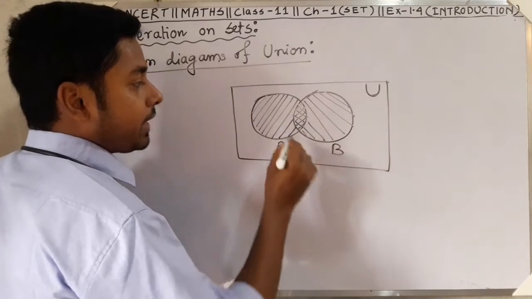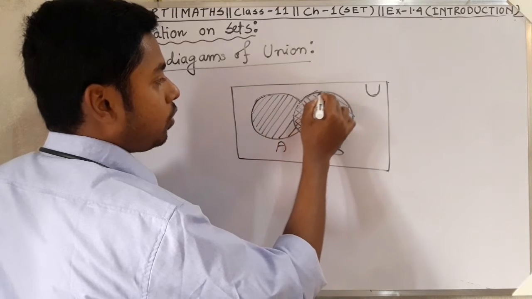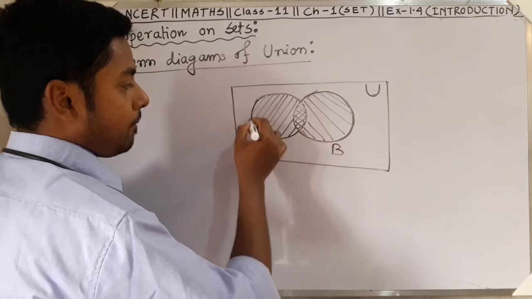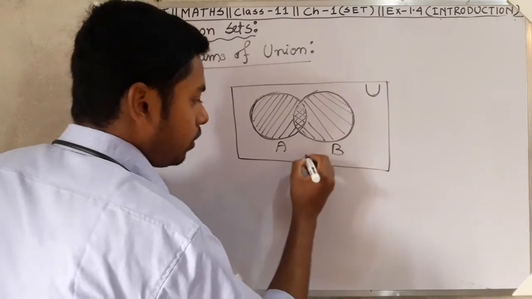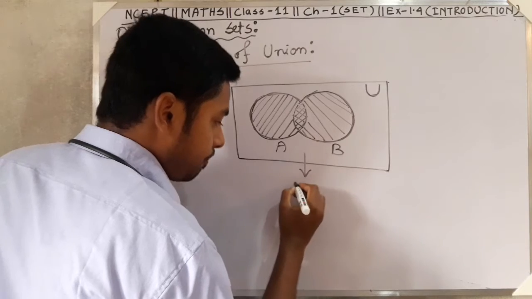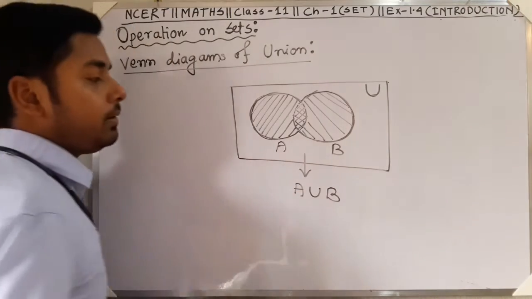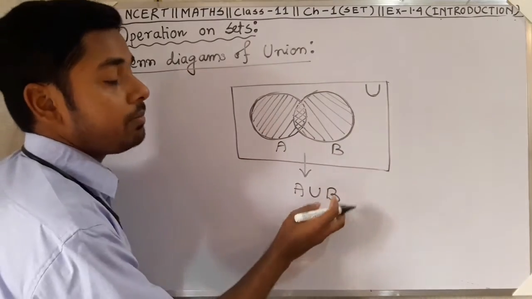Consequently we can tell what? This whole part represents A union B. Why?